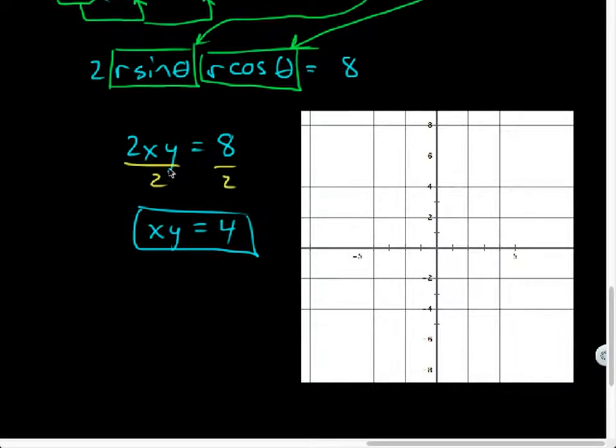So this is actually what's called a rectangular hyperbola. The square root of 4 is 2, and I'll have one vertex at 2, 2, and the other one's at negative 2, negative 2. This, by the way, changes if I had a minus sign here, then the vertices would be at this location and this location. And the asymptotes for this are actually our axes, oddly enough.